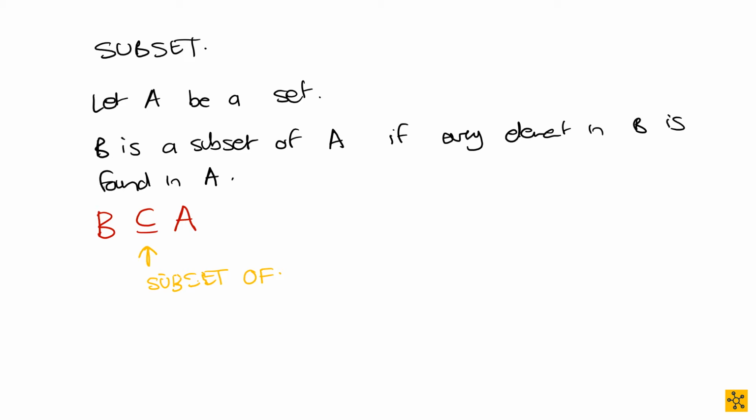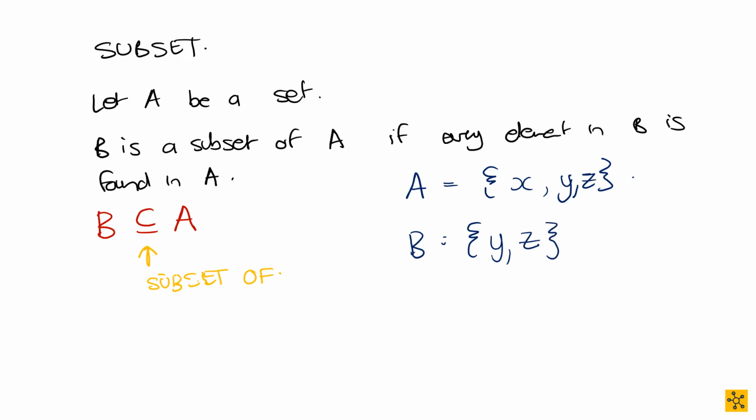So let's do an example. We have A is equal to X, Y, and Z. Now we can have B equal to Y and Z. I'm going to write my Z's like that because my Z's can sometimes look like 2's.